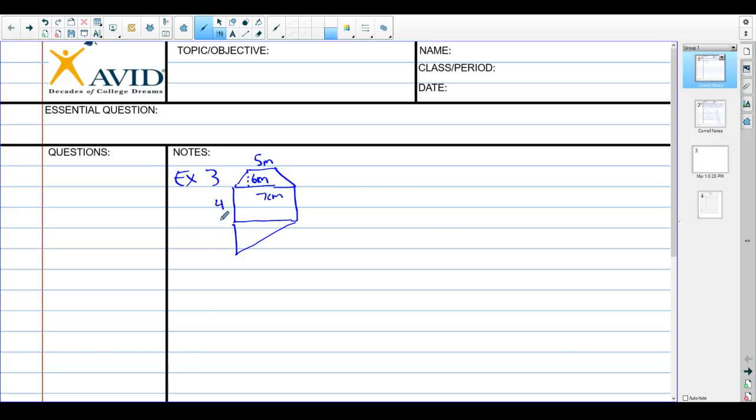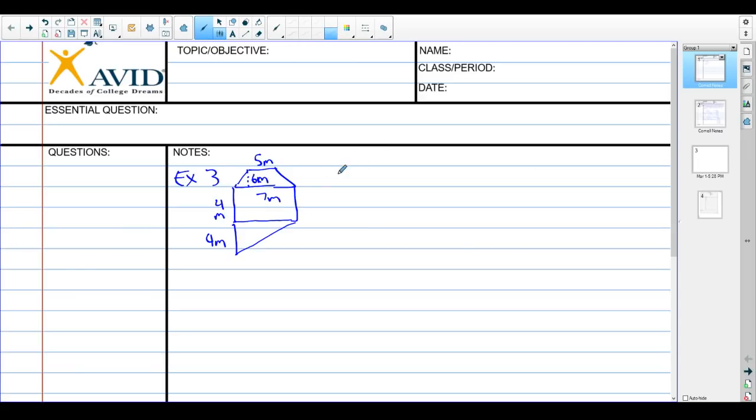And then 4. Whoops. This should be meters all the way through, I'm sorry. And another 4 meters here. Maybe a couple more minutes.